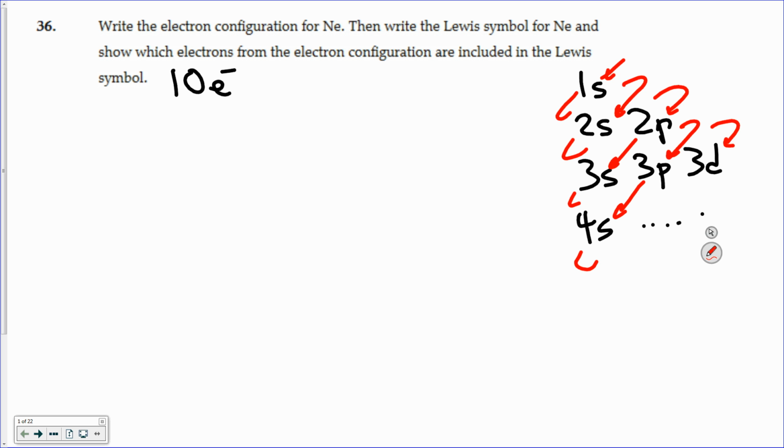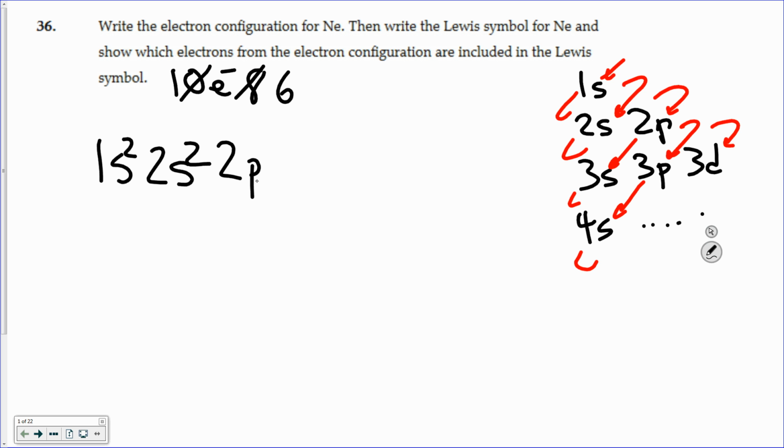First, the first two electrons are going to go into the 1s. 1s2 gives me 8 left. Next one's going to 2s2. It gives me 6 left. After the 2s, I go to the 2p. 2p6. All right, so neon is 1s2, 2s2, 2p6.